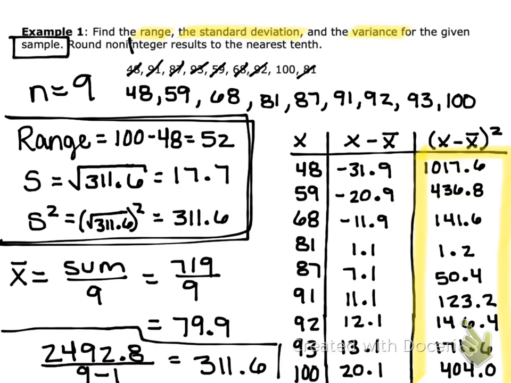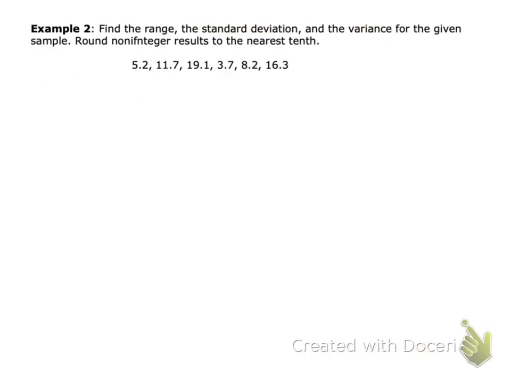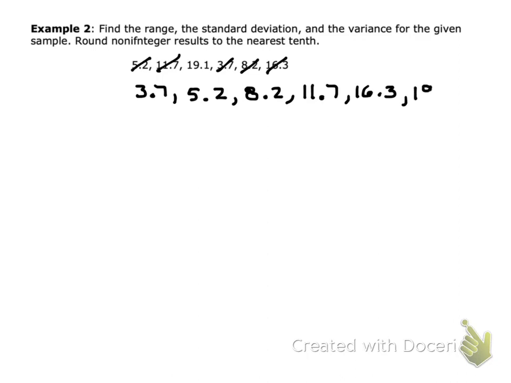Okay, so let's do example 2. First thing we do is put the numbers in order from least to greatest: 3.7, 5.2, 8.2, 11.7, 16.3, and 19.1. 1, 2, 3, 4, 5, 6.